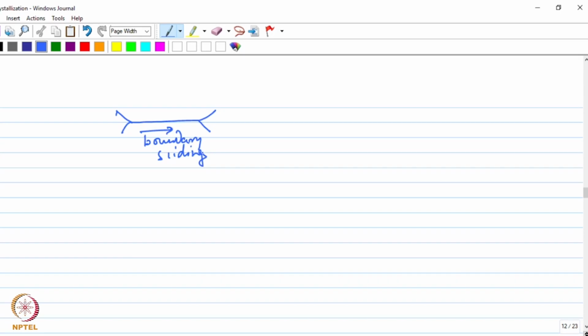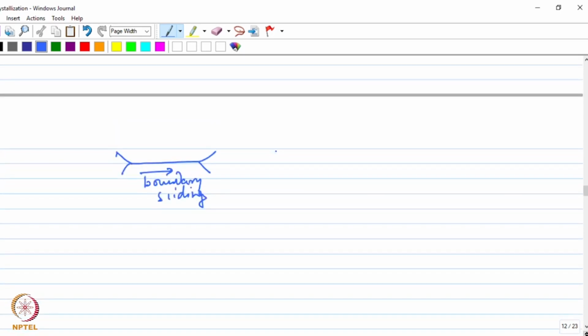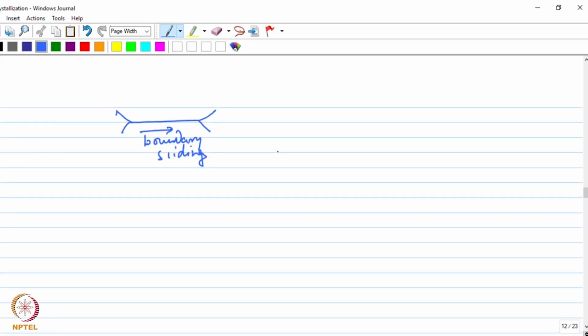So you have boundary sliding in the beginning, as I said before, and this sliding can be stopped at these triple points, at the grain boundary triple junctions, and therefore stress concentrations will develop around this.